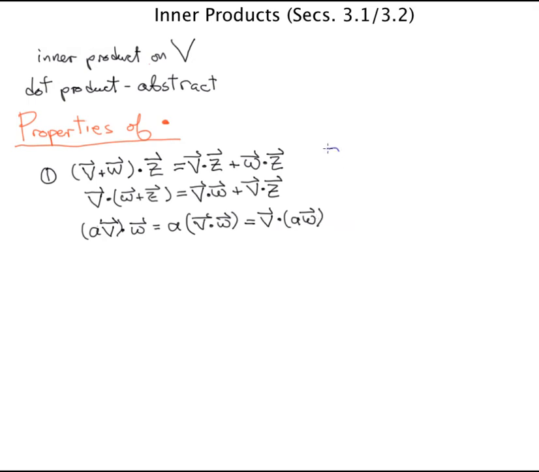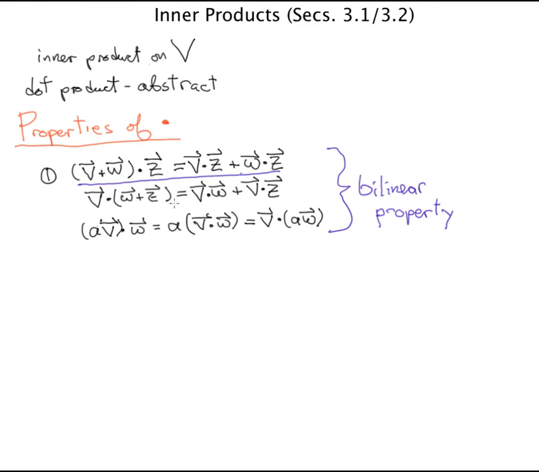And those two properties, or that collection of properties together, is what's called bilinearity. Or I'll just say bilinear, the bilinear property. Or sometimes you'll say bilinearity. So what does bilinear mean? Well, this is linear because adding over here is the same thing as adding over here.